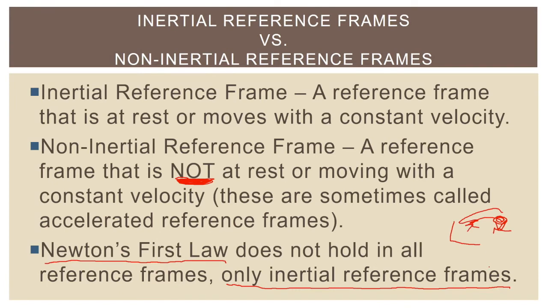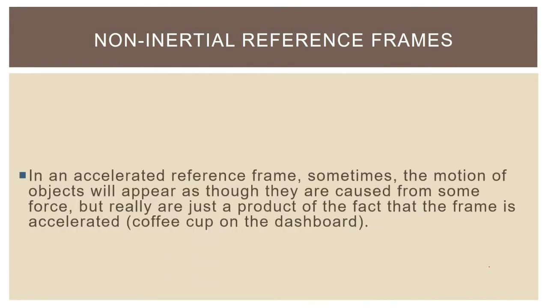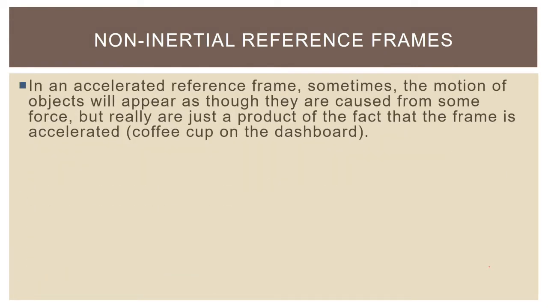And of course, the whole point of this, as we mentioned before, is that how we describe the motion of the coffee cup depends on who you're asking. And so the first thing that we should say here about non-inertial reference frames is that in an accelerated reference frame, sometimes the motion of objects will appear as though they are caused by some force.